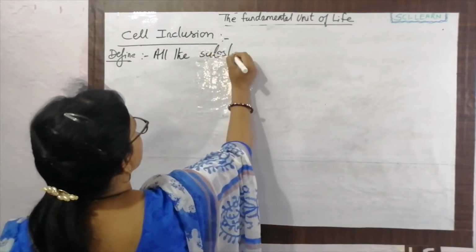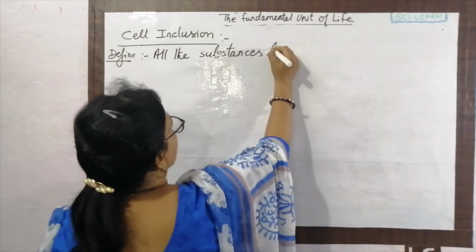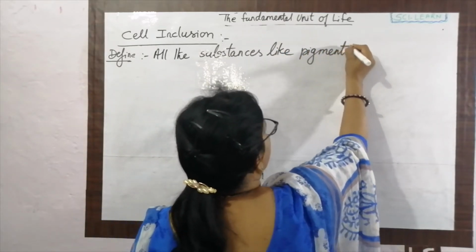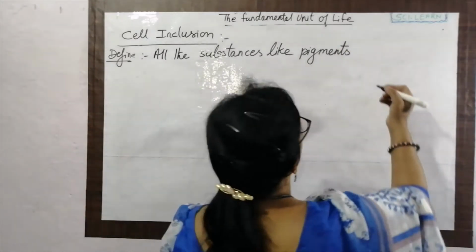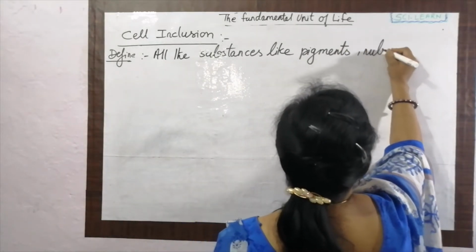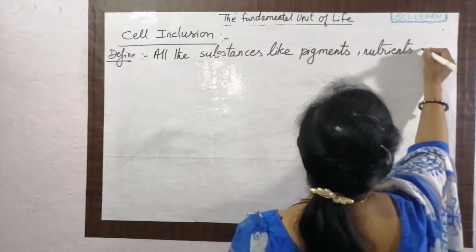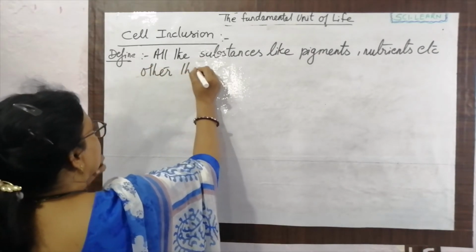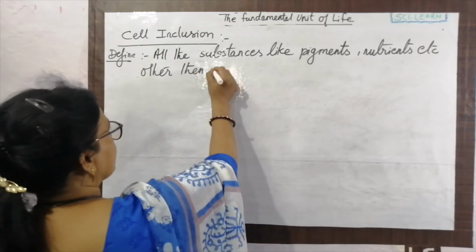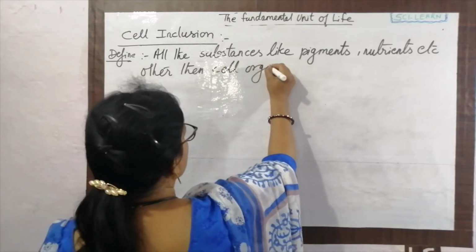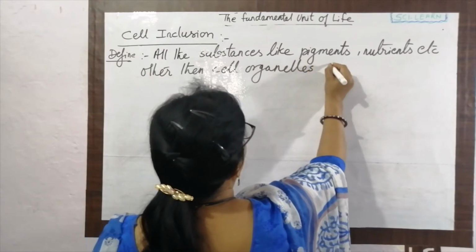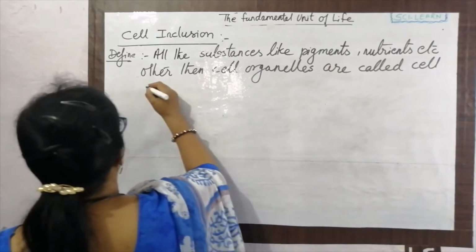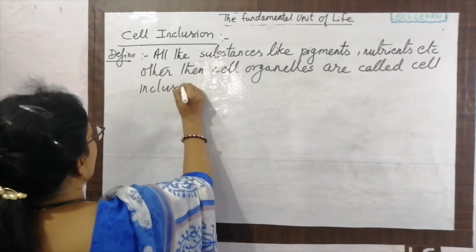Substances like pigments, different types of pigments present in different types of cells, and nutrients, etc., and some oil droplets, other than cell organelles are called cell inclusion.